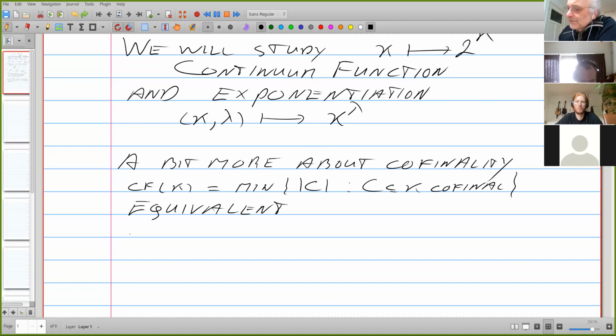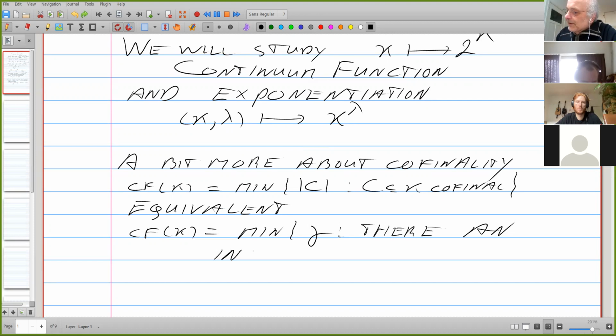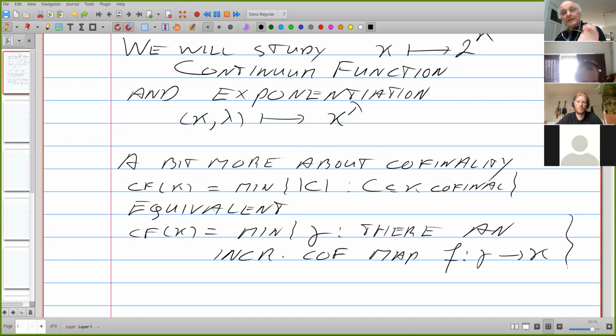Equivalent formulations, well, this one was also done by Benedict. There is an increasing cofinal map from gamma to kappa, the smallest gamma that you can use to find a strictly increasing cofinal map into kappa.